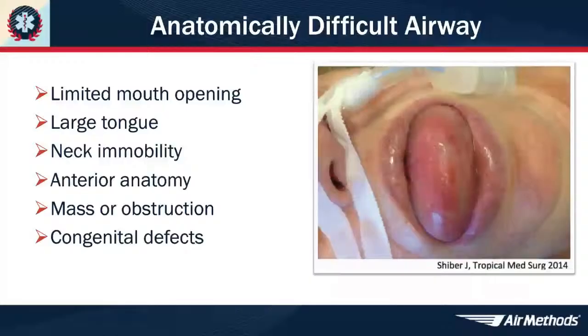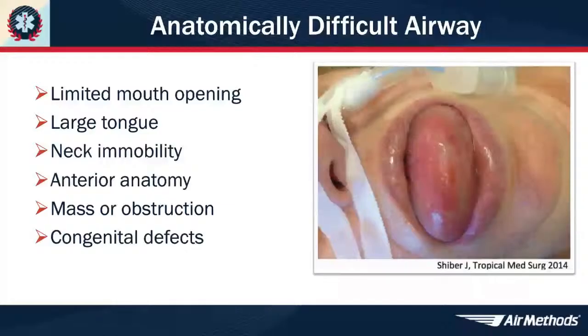So some anatomy things. If they have a limited mouth opening, and again, we talked in the last lecture about the 3-3-2, that's what we're looking for there. If they have limited ability to open their mouth, that's going to cause you some difficulty. If they have a large tongue, maybe just normally they have a big tongue, right?